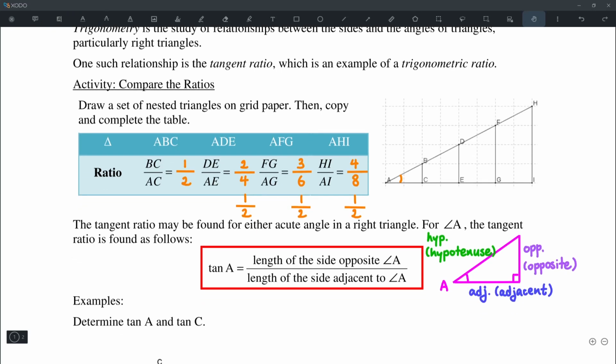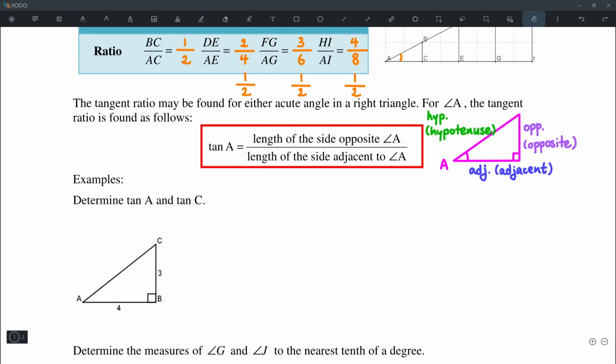Let's look at some examples. Here we have a triangle ABC. We're going to try to determine tangent A and tangent C. Let's look from the perspective of A. Then the 3 will be the opposite side, and the 4 is the adjacent side.